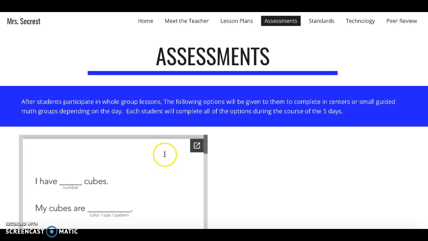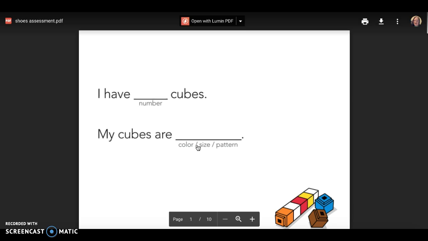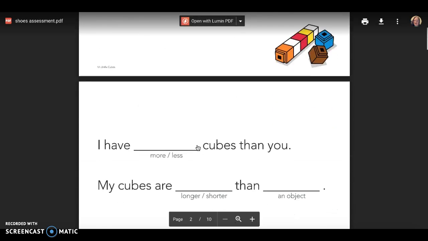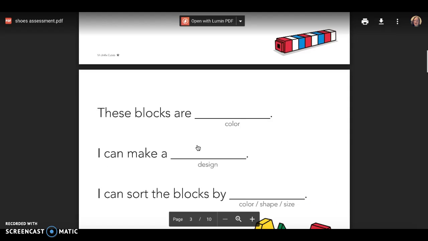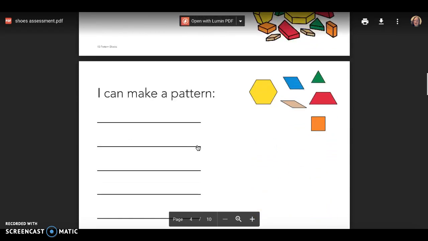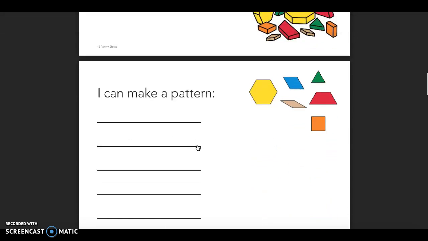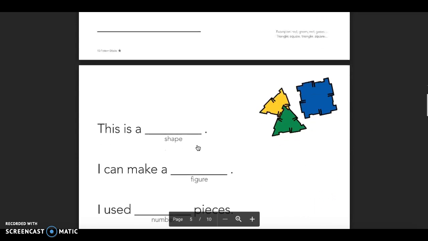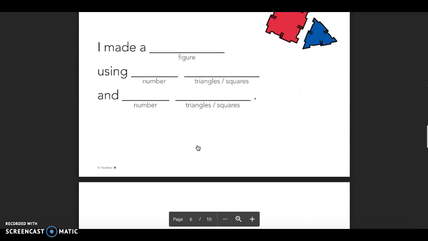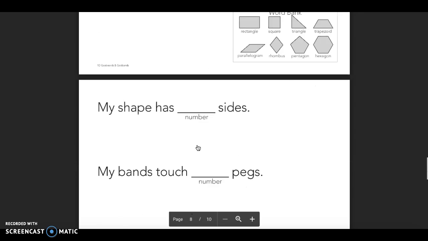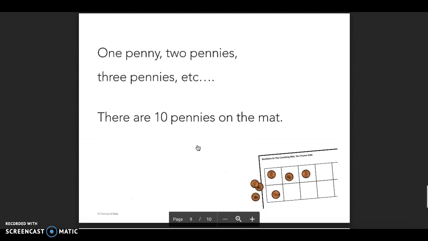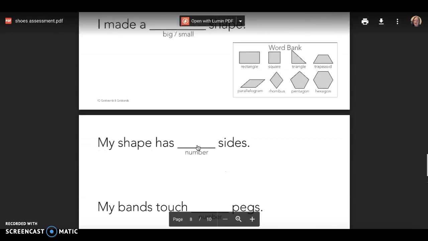And then there are several different forms that they will be able to fill out with a partner or in the small group. As I said, this is pretty difficult for the first day. I wouldn't expect a student to be doing this on their own, but they would be doing some in small group, and there will be some examples and some other things that they will be able to accomplish.